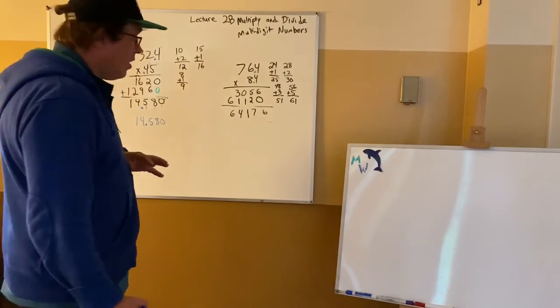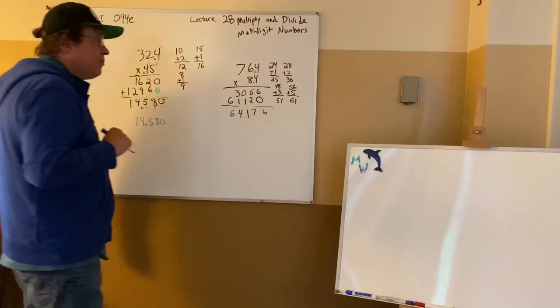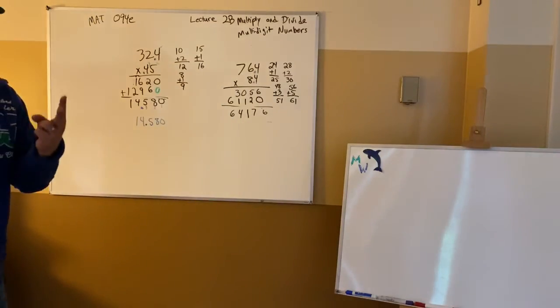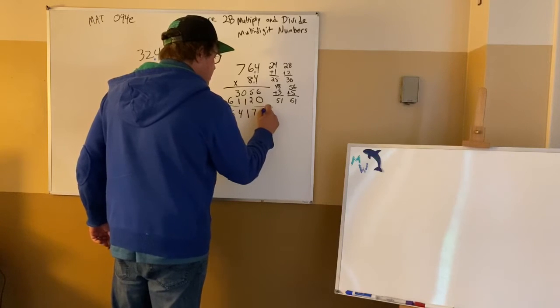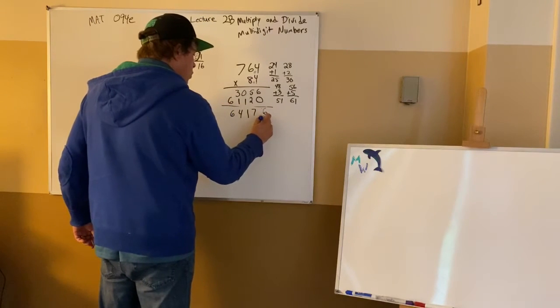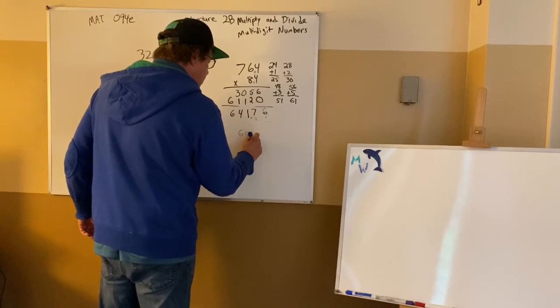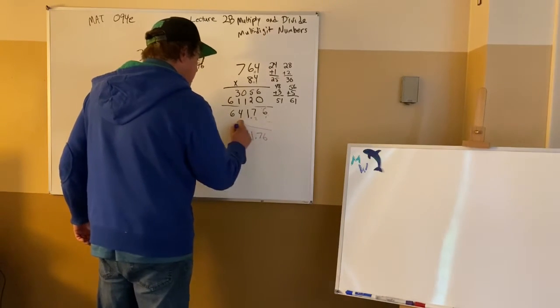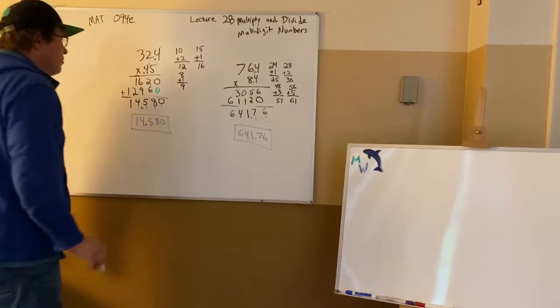You can stop the video and try and do it yourself, but I'll tell you where it goes. We have a total of 2 decimal digits. We owe twice to make this number look smaller. So it won't be behind this 6 over here. It'll be 2 moves, and we'll get 641.76.